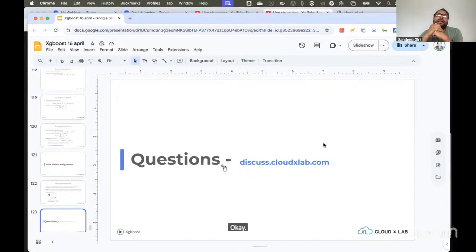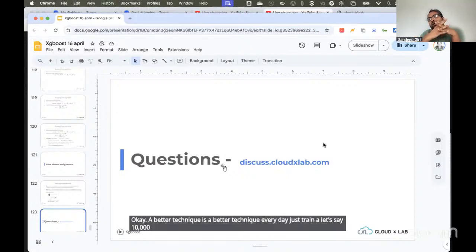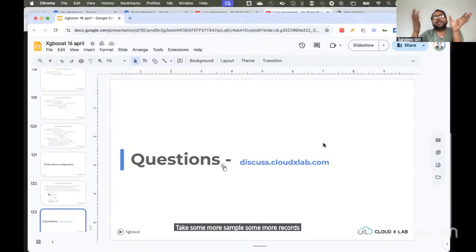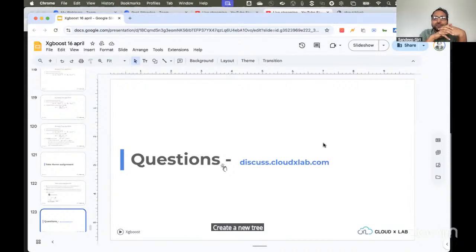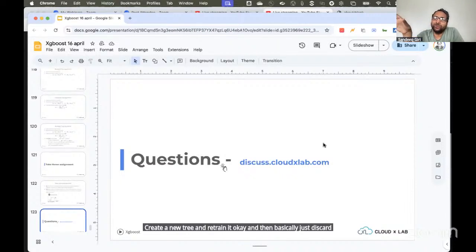A better technique is every day just train on, let's say, the 10,000 records you got, right? So take these 10,000 records, take some more sample records from other buckets, and create a new tree, retrain it. And then basically just discard some old tree, add the new tree.